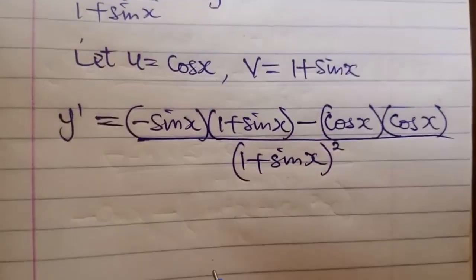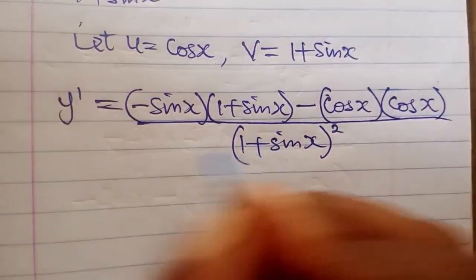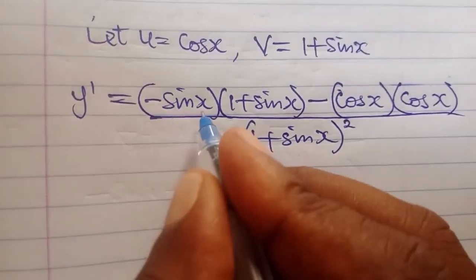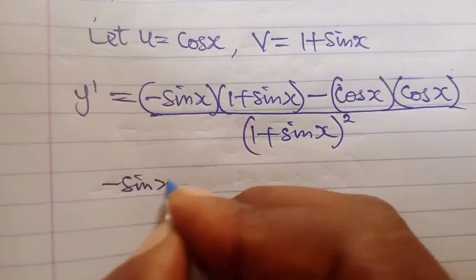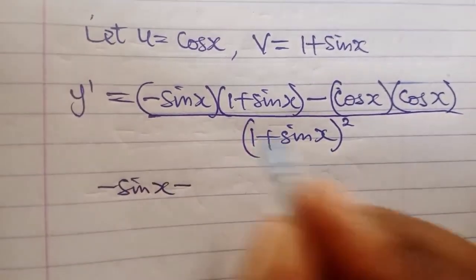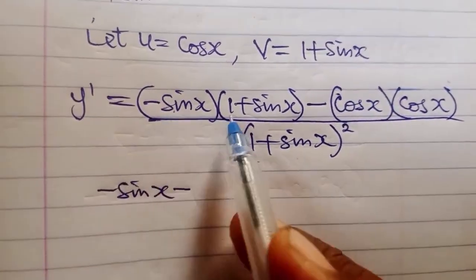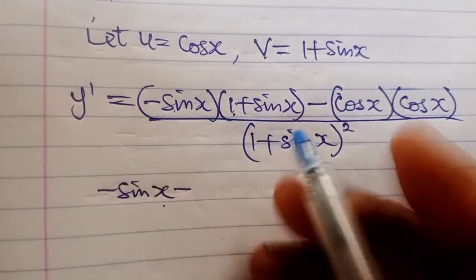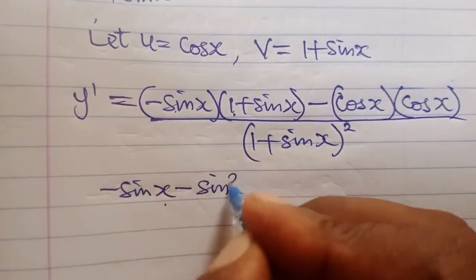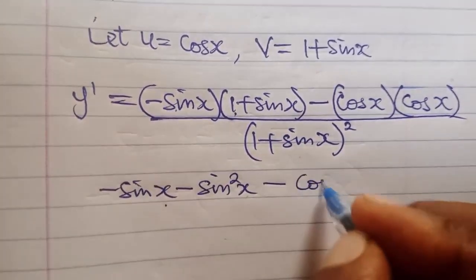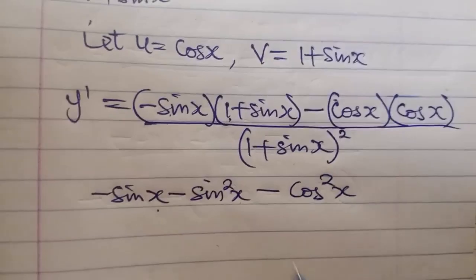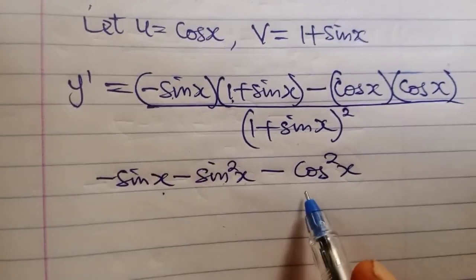The next thing we can do is to expand this. If we expand here, we have negative sine x, negative, that's this times 1, negative sine x, this times this, sine square x, then negative, this times this, cos square x. Let's bring these two closer.